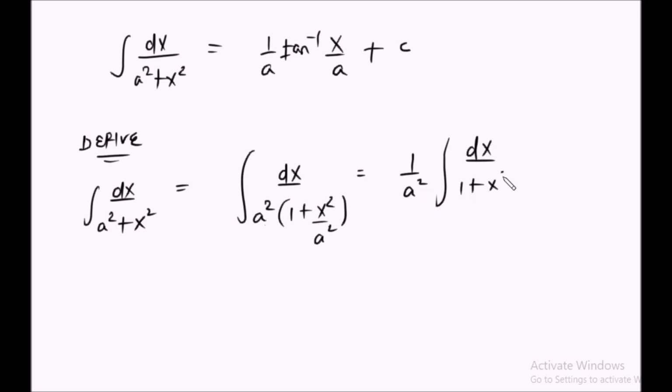Lakini kumbuka tulisema kwamba ukiintegrate huyu unapata tan of inverse of x plus c. Maanake sasa mimi nina 1 over a squared na dx over 1 plus x squared over a squared. Acha tu nirudie hii standard form hii kwamba dx chini ya 1 plus x squared unapata tan of inverse of x plus c. Sawa.